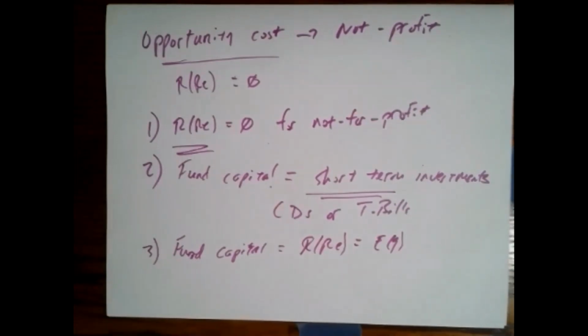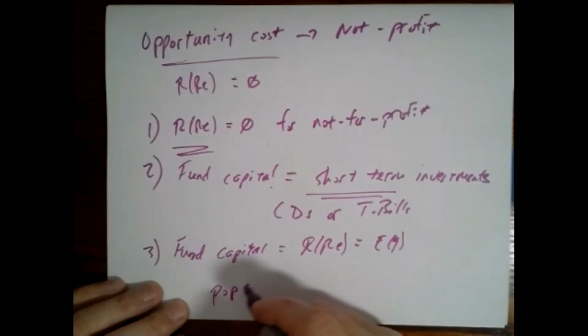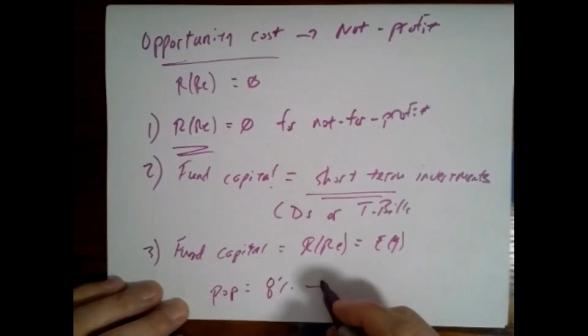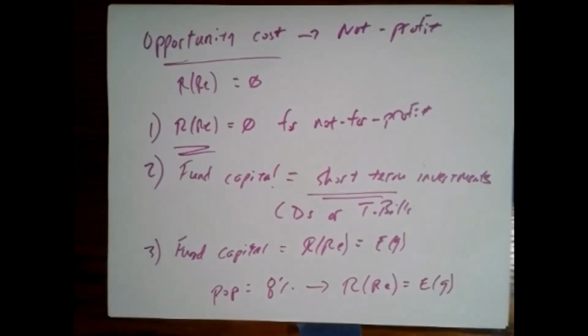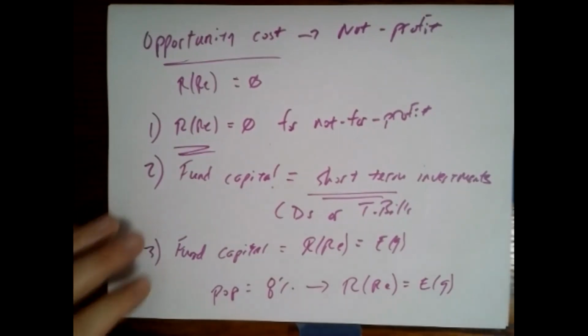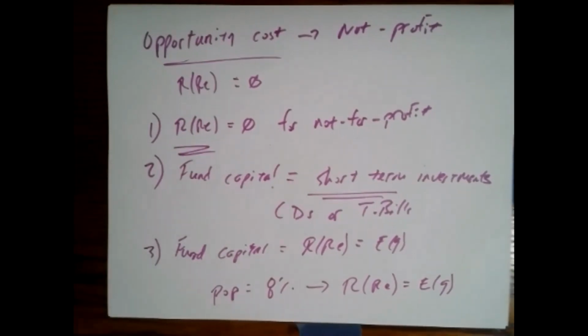In this case, you would evaluate how fast the demand for a hospital's services is growing, and therefore equity has got to grow at least that fast. So let's say the population is growing at 8%, then you would want a required rate of return on equity equal to the expected growth of 8%. That's an okay idea. That's a better idea. At least that's anchored to something to do with the organization.